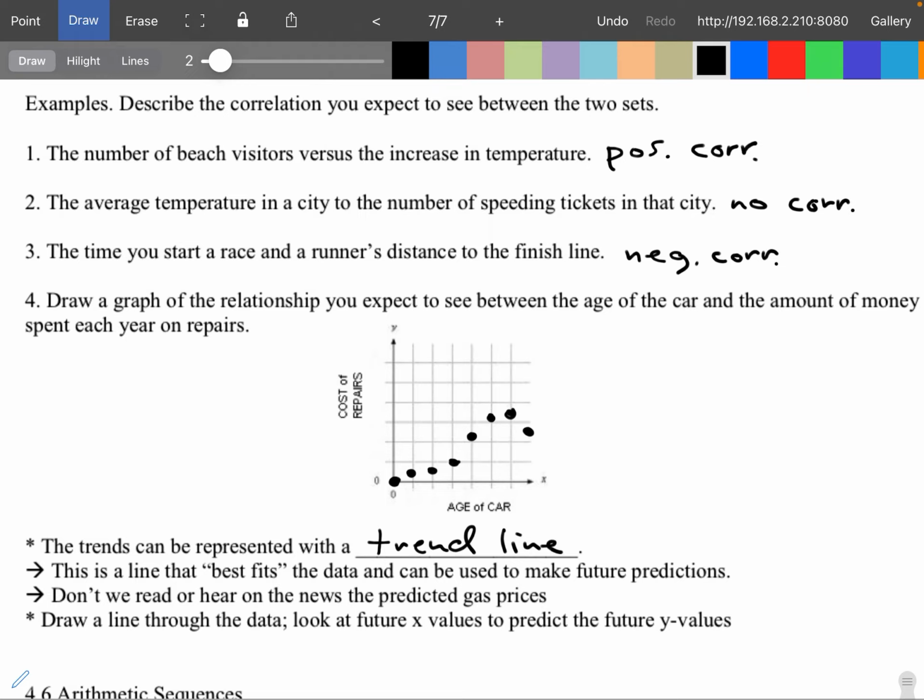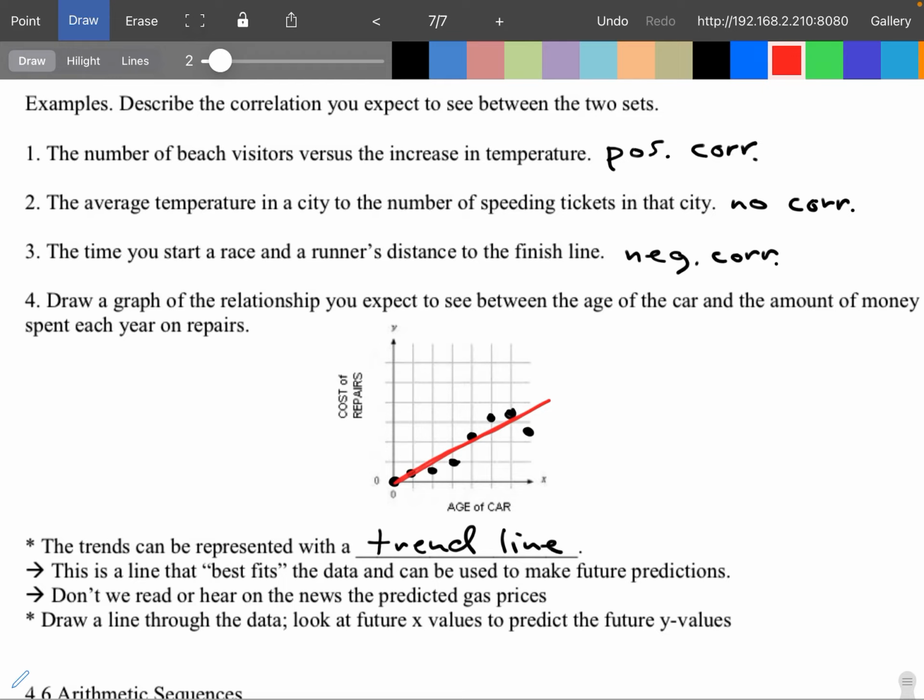For example, the one we just drew, is that a positive or a negative correlation? Positive. And then for the trend line, you want to draw a line that comes as close as possible to hitting all of those points. In other words, you want the distance between the points and the trend line to be a minimum.